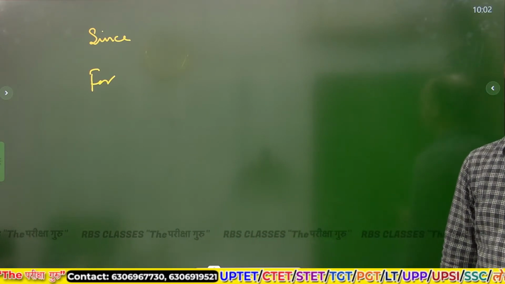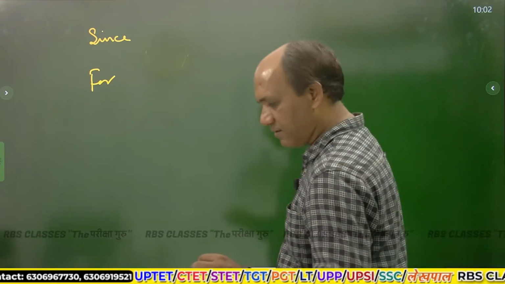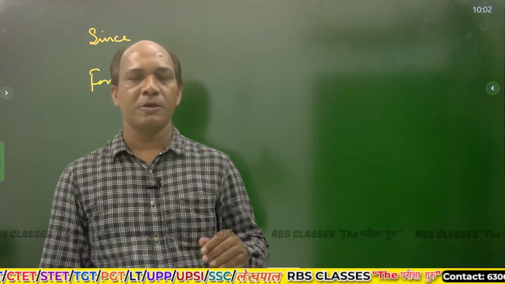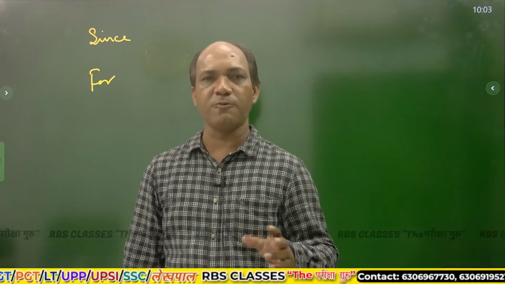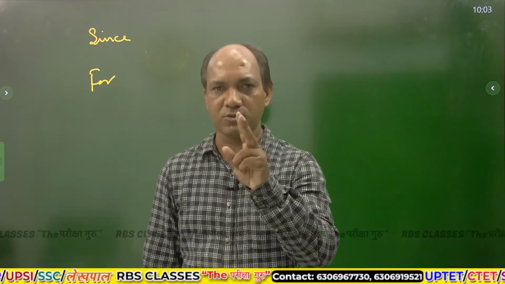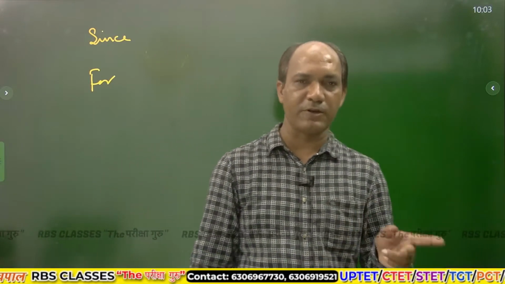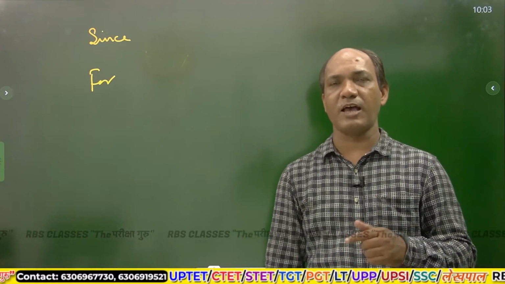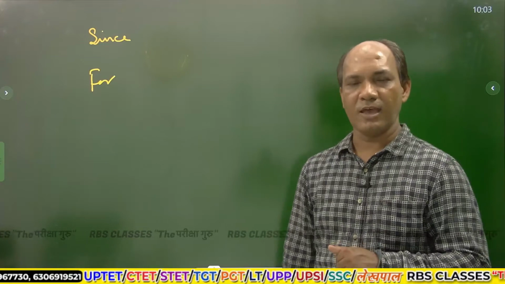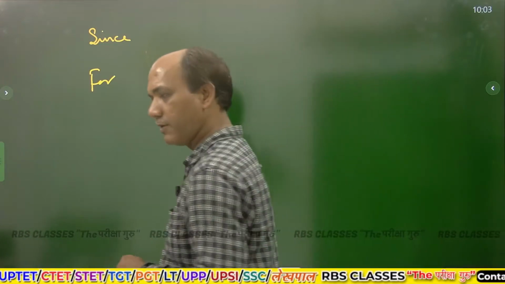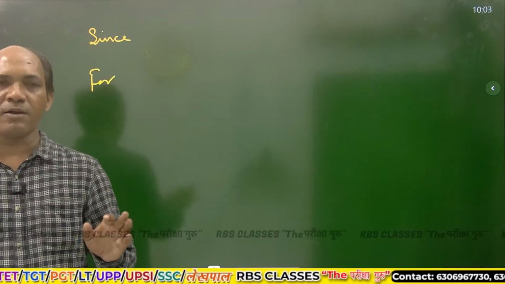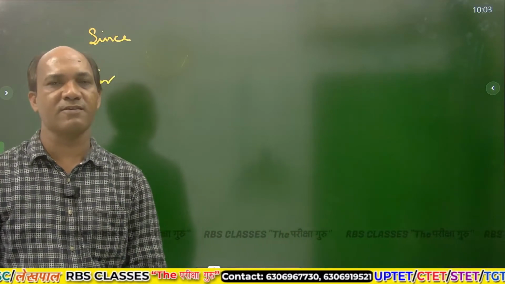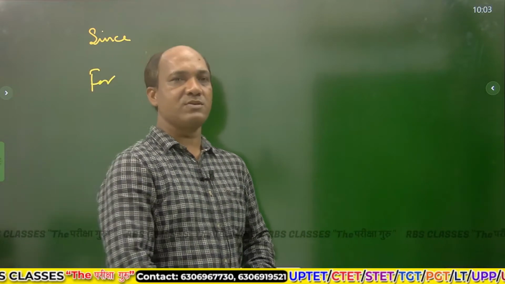How many perfect tenses are there? This is a fact. You must know that there are 6 perfect tenses. Present perfect tense, present perfect continuous tense. These are the 2 tenses, perfect and perfect continuous. The same thing happens in past perfect tense and past perfect continuous tense, and future perfect tense and future perfect continuous tense. So there are 6 perfect tenses, and in these perfect tenses since is used.